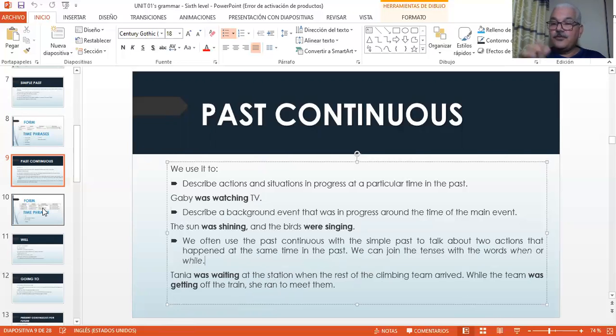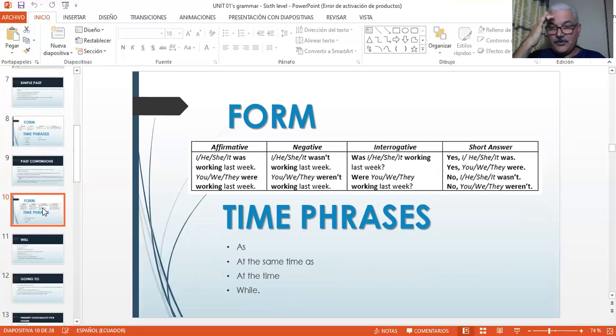Then, which is the form to use this structure? Well, first, we use the affirmative with the verb be in the past. For the first and the third person singular only, was. So we say I was, he was, she was, it was.